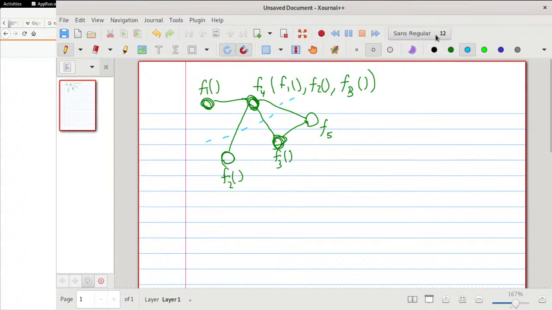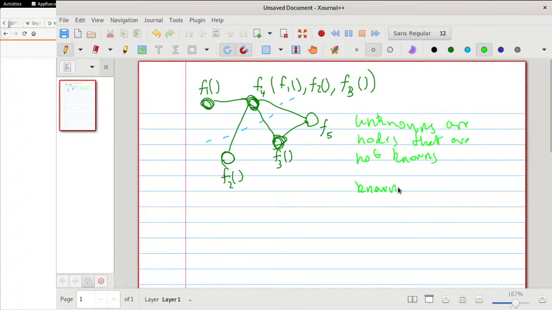The unknowns are all the nodes, so I'll write this. Unknowns are nodes that are not knowns.